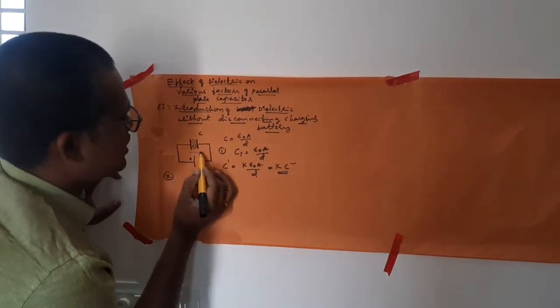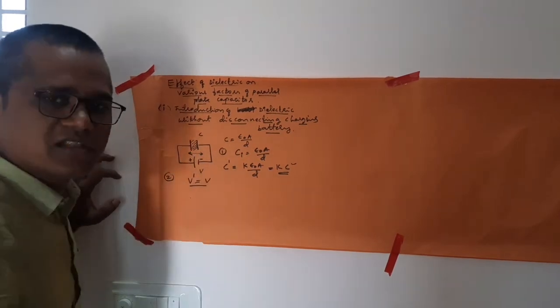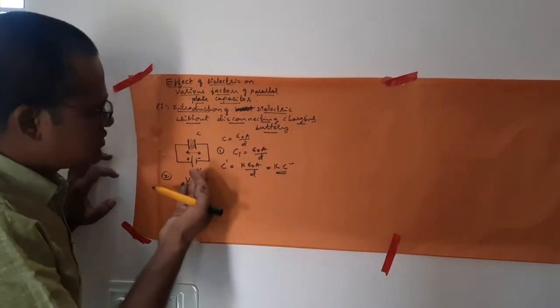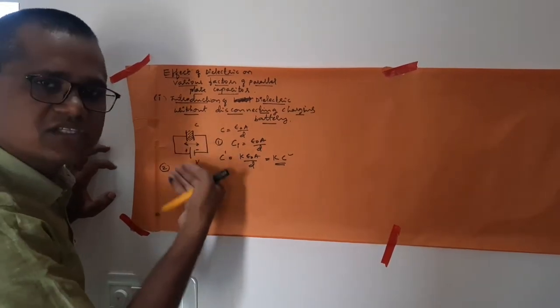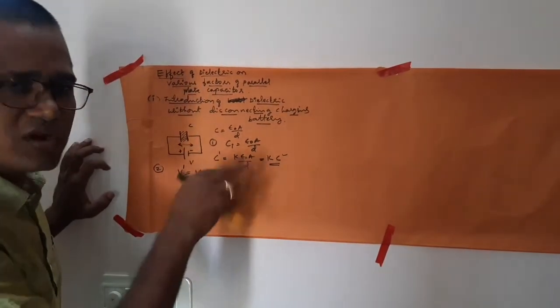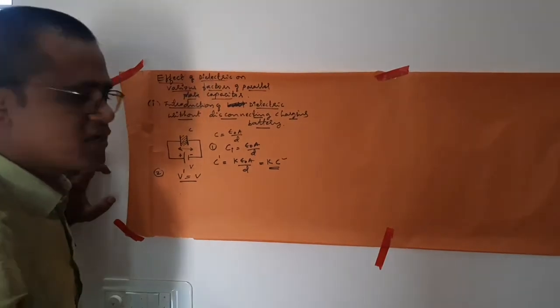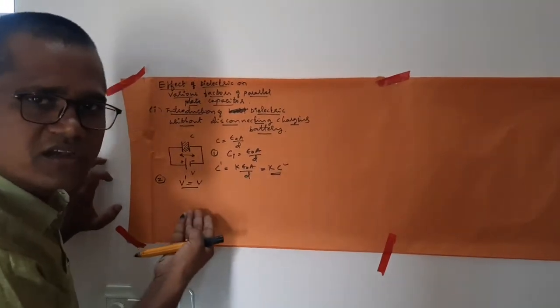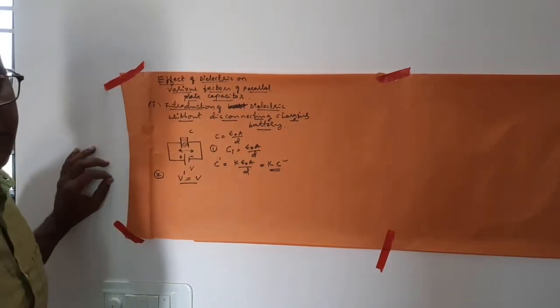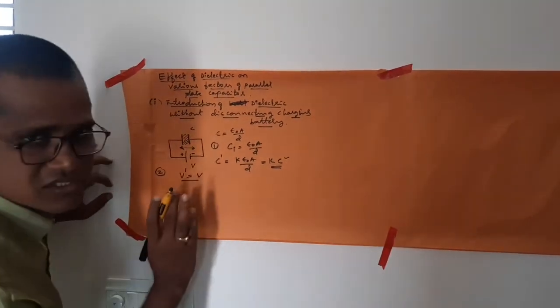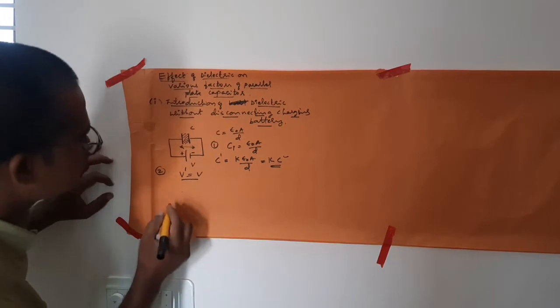It will maintain the same potential difference, providing the same voltage to the capacitor. Whatever may happen inside the capacitor, the battery is kept connected. So ultimately, it will keep the same potential difference across the capacitor. Therefore, potential difference will remain the same even after introducing the dielectric.